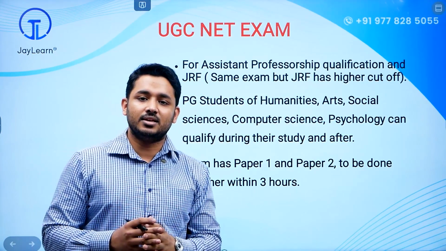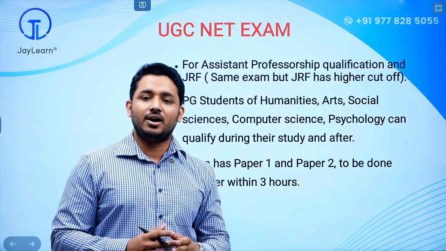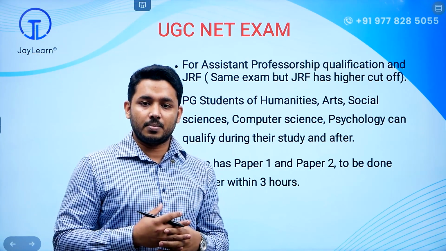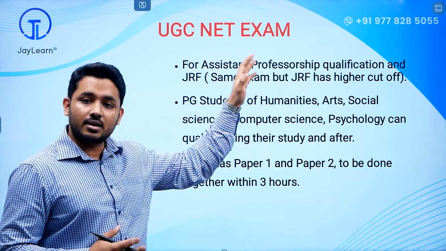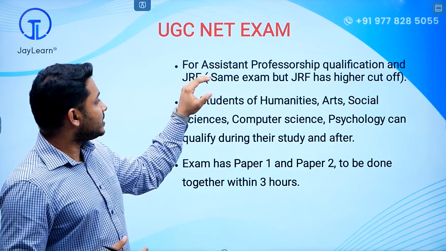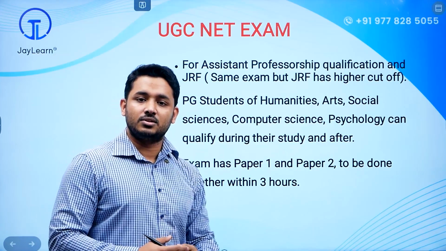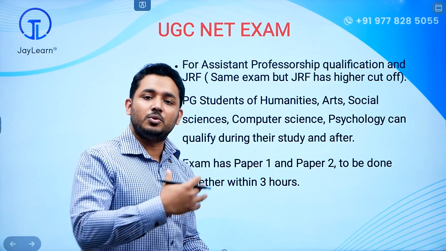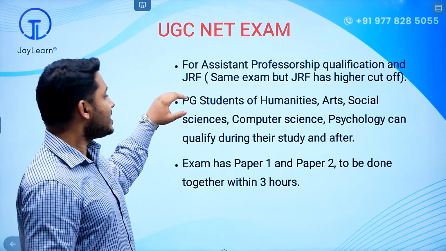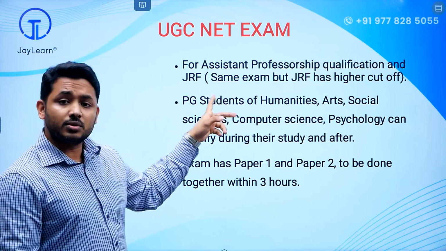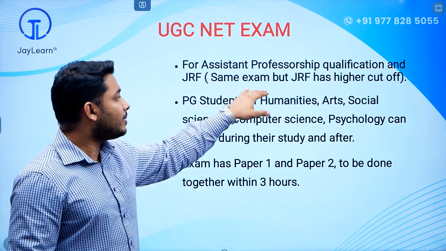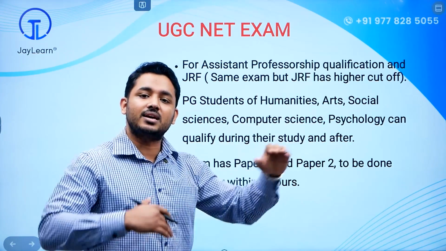So what is UGC? UGC is the apex body of higher education in India, the University Grants Commission. They conduct this exam for assistant professorship qualification. That's the qualification to be an assistant professor, and JRF. There are two things, but the same exam; JRF has a higher cutoff.